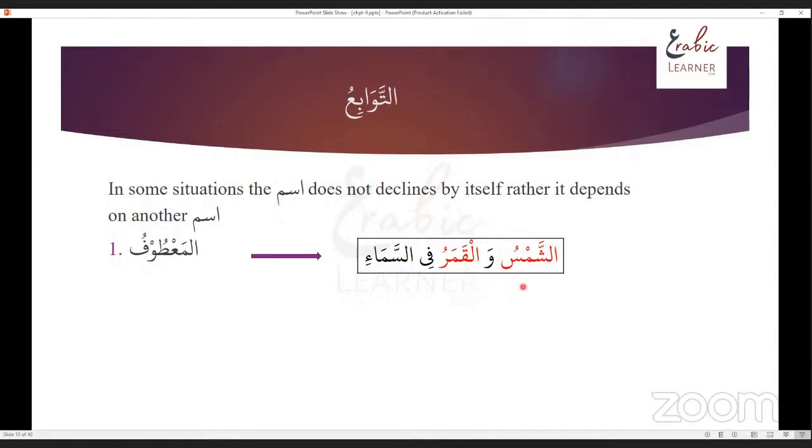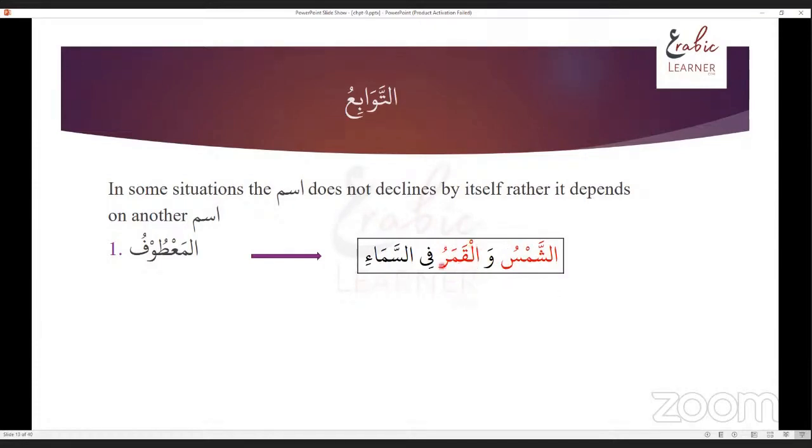It means qamar will follow what shams is taking as i'rab. If shams is in the status of rafa, qamaru will also be rafa. If this is nasab, qamaru will also be nasab. If this is jar, this will also be jar.